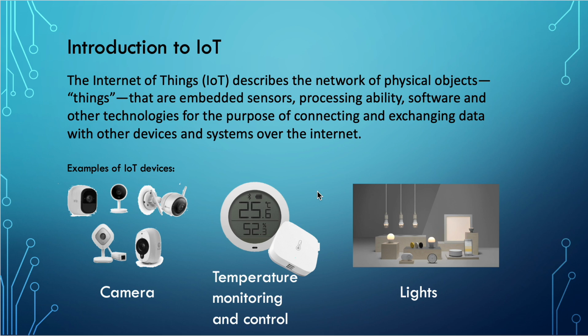Their main purpose is to check the temperature of the surrounding environment and to notify. These temperature monitoring control units are sometimes fixed into ACs as well, right? In Sri Lanka, the usage of temperature monitoring control is less than in some other countries, right?